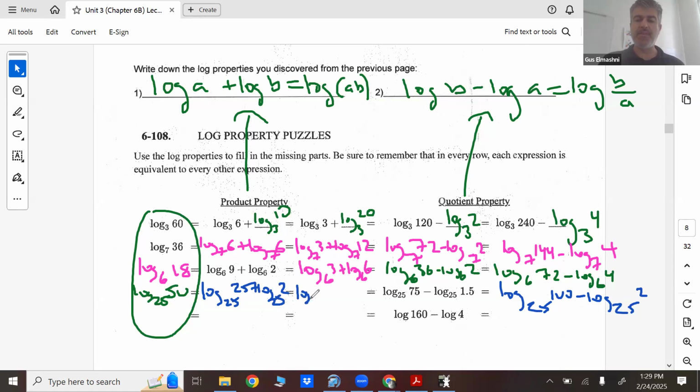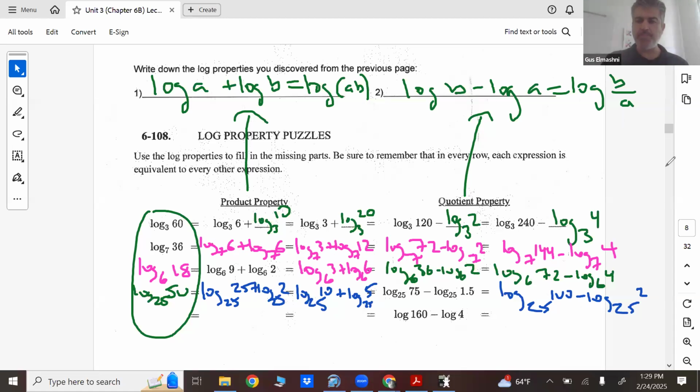Give me another one that multiplies to 50. 10 and 5, good. Yeah, you can see this becomes really cumbersome to write these over and over again. And 25 is a subscript, by the way. So log base 25 of 25 plus log base 25 of 2, or log base 25 of 10 plus log base 25 of 5. So those are all different options.